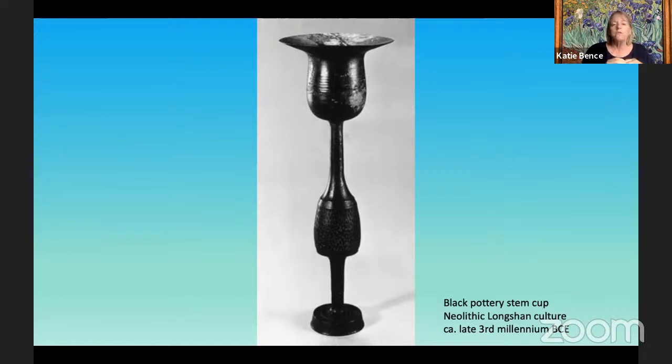The culture was noted for its high level of skill in pottery making, including the use of pottery wheels. They produced these thin-walled and highly polished black pottery, otherwise known as eggshell pottery. With the invention of the potter's wheel, potters could now produce many more pots per hour, and it was one of the first steps toward industrialization.